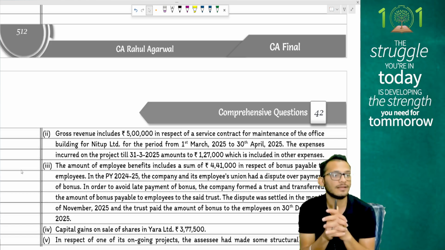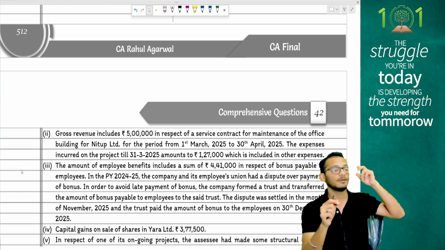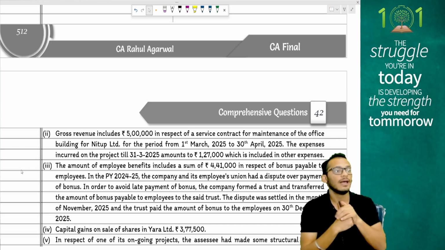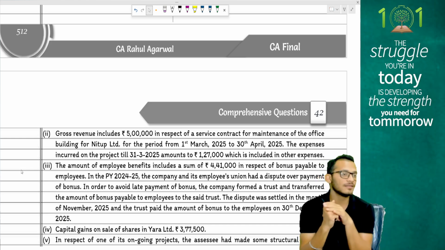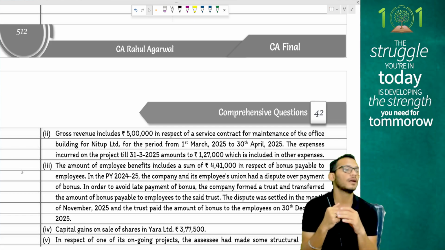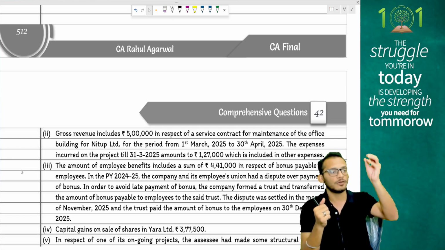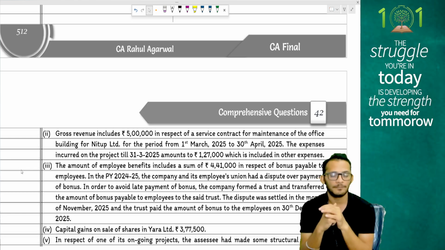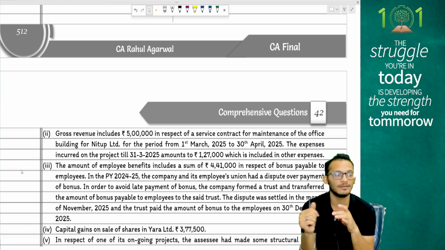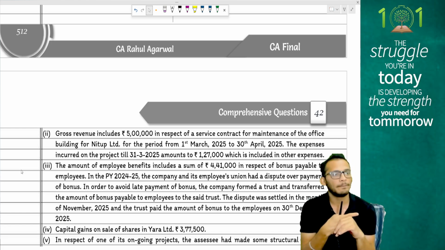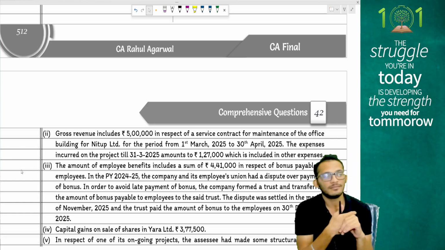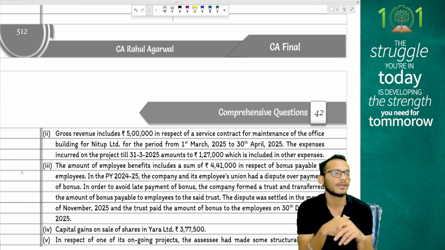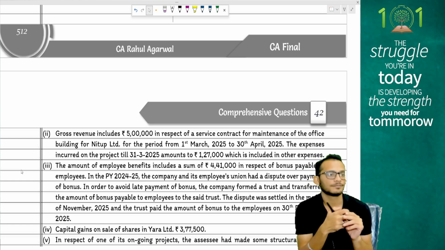So if you notice carefully what they have done, people, the gross revenue of 5 lakh rupees has been put into the P&L. But this gross revenue pertains to 2 months, 1 month of current year and 1 month of next year. At the same time, the expenses incurred on the project amounting to 1,27,000 also have been debited to P&L. Here comes your ICDS 3. You need to tell me what to do.